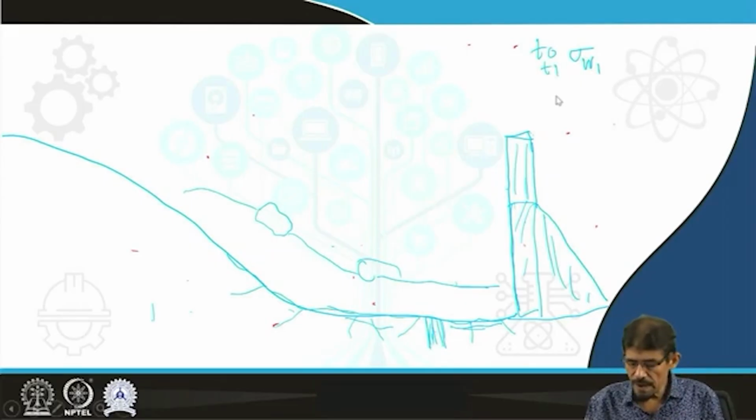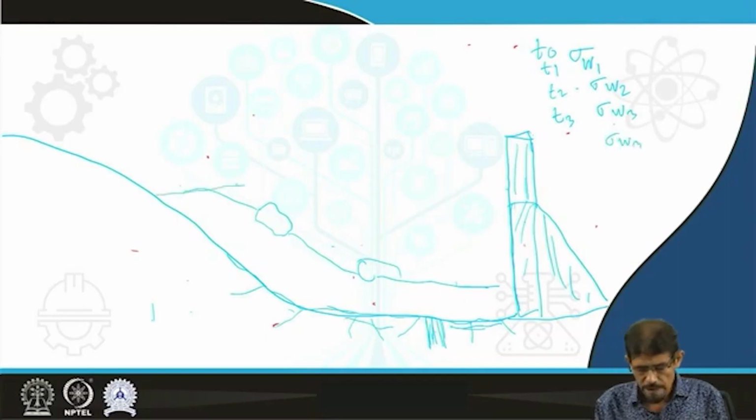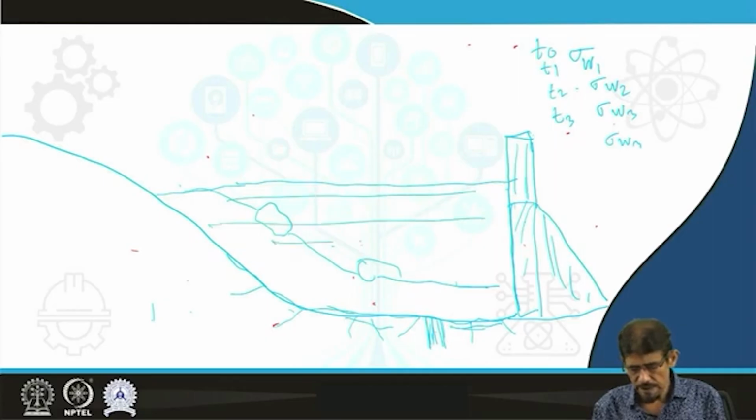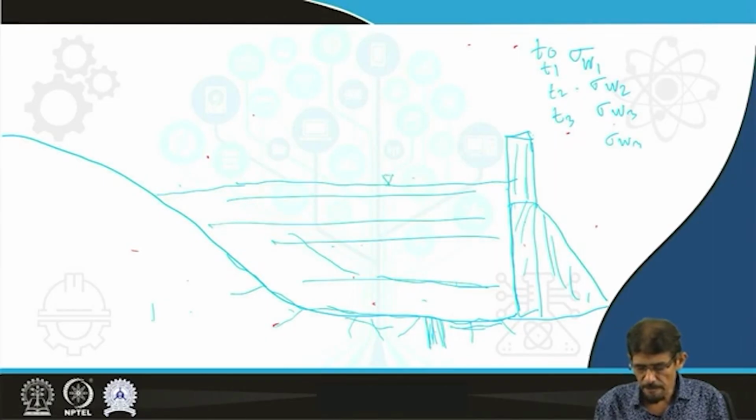Then at time T2 sigma W2, time T3 sigma W3, likewise up to sigma Wn. Then this reservoir is up to complete level, having a maximum headwater level.